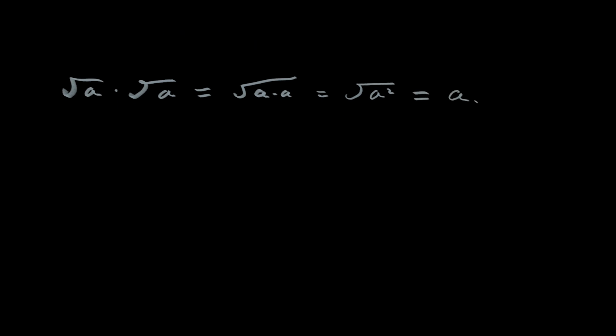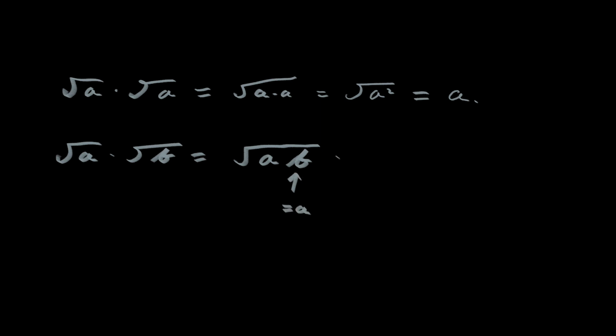Okay, but to make this even more clear, let's write it in terms of A and B. Well, so long as A and B are real numbers and they're both greater than or equal to 0, this would be equal to the square root of the product of A and B. All right, but what if it turned out that B just happened to equal A?